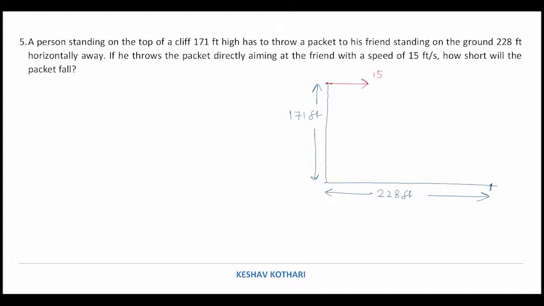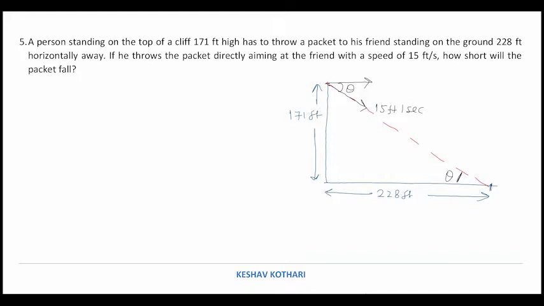Now the question is saying that the particle is aimed directly at his friend. So I am drawing a line joining him and his friend. So this is the aim angle which he is using. So he projected the particle with 15 feet per second directly aiming at his friend. So we are considering this angle as theta.